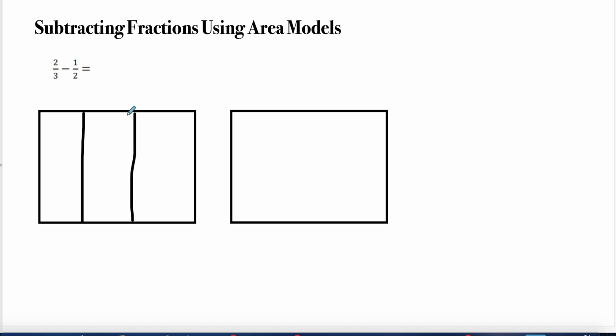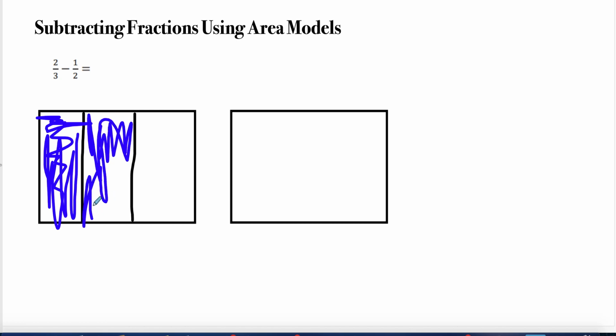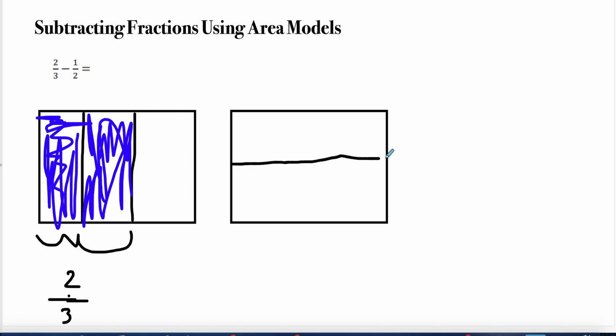I'll shade in 2. 1 and 2. I'll label that 2/3. And on my second model, I'm going to draw a horizontal line to shade in 1/2.